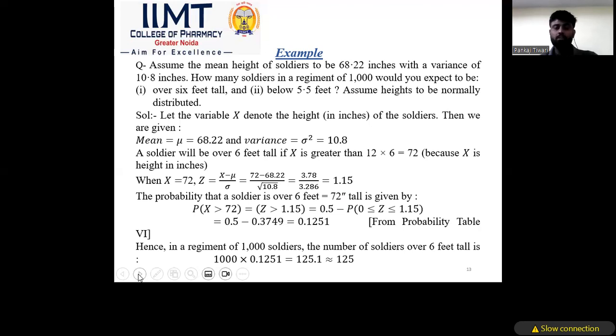Then it is equal to 0.5 minus 0.3749, equal to 0.1251. Hence, in a regiment of 1,000 soldiers, the number of soldiers over 6 feet tall is 1,000 into 0.1251, equal to 125.1, approximately 125 soldiers over 6 feet tall.